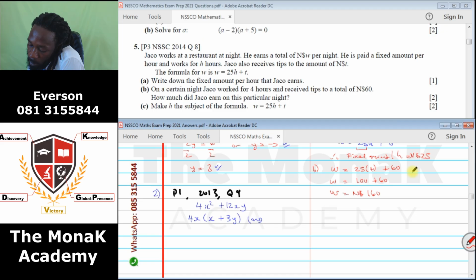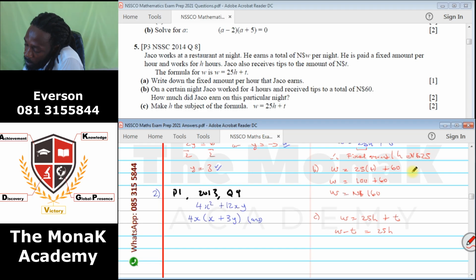Make H the subject of the formula. So we have W equals 25H plus T. First thing, if you want to make H the subject, we take everything that has nothing to do with H to one side. So we take the T to the other side. So it becomes W minus T equals 25H. Now we are left with 25H.